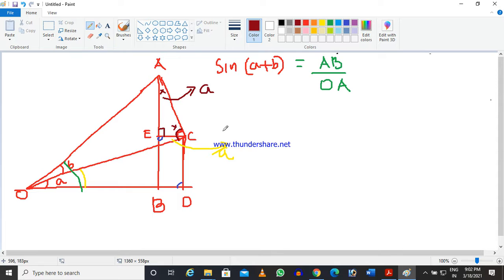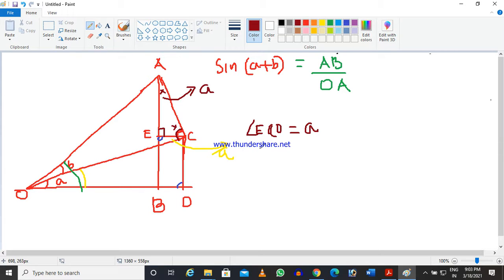So here what I was telling: the angle ECO is equal to A, because EC is parallel to OD.